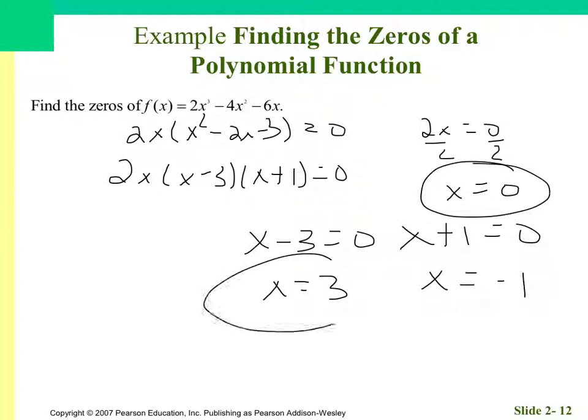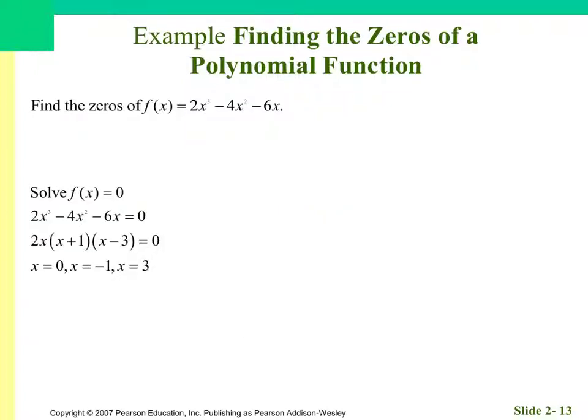So there are our 3 zeros. Another way for quadratic functions, after we factored out the 2x, you could have used the quadratic formula. There's a lot of different ways we've learned. Let's see if we're right. 0, negative 1, and 3. Yep. Least to greatest. Good job.